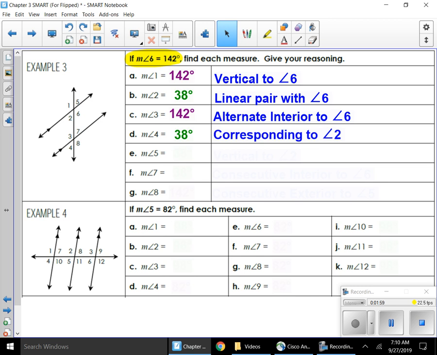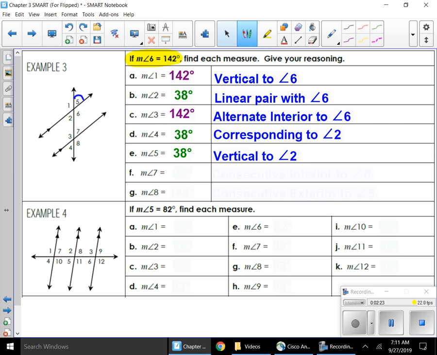Angle 5 jumps us way back up to the top set of 4 angles there. Angle 5 is supplementary to angle 1 and congruent to angle 2, so it's another 38-degree angle. Notice this table now looks different from the previous table. The reason I chose is that it's vertical to angle 2, but there are other correct reasons.